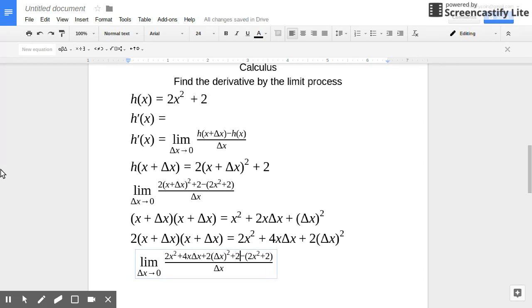And of course that end is plus 2. Remember what we got to do here is we got to distribute this negative across. Okay. Distribute that across and then go ahead and get rid of that.